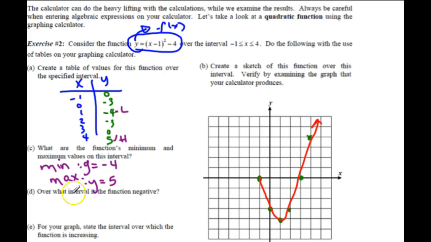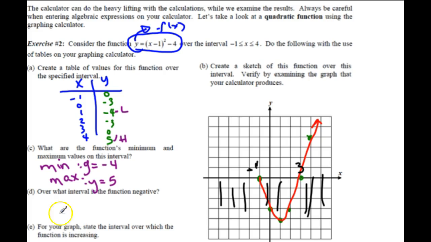On which interval is the function negative? A function is negative when it's below the x-axis. So everything that would be below this axis. What interval? It's starting at -1, 0, 1, 2, 3. When x is bigger than 3, that's when it starts going up.